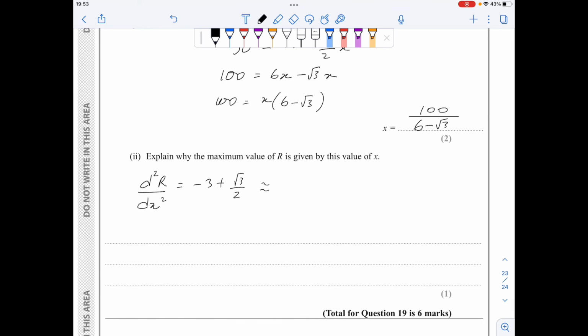This is approximately minus 2.13, which is less than 0. So let's just rewrite this. Less than 0, hence maximum. Now, alternatively for this mark, you can just say that r is a quadratic with a negative coefficient of x squared, hence there is a maximum.